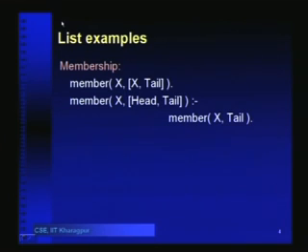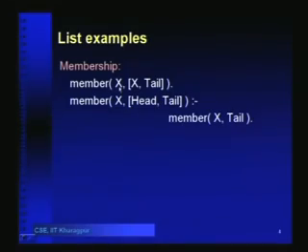The member predicate has two arguments X and Y, and is true if X is a member of Y. When we refer to member of Y, we just mean at the top level of the list. So we assume that in the predicate member X Y, Y is a simple list, and we are finding whether X is an item of the list itself and not any sublist.